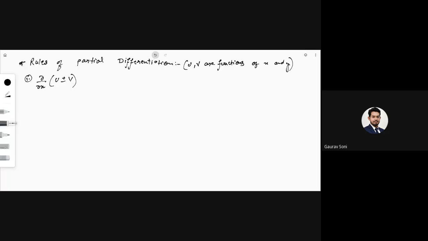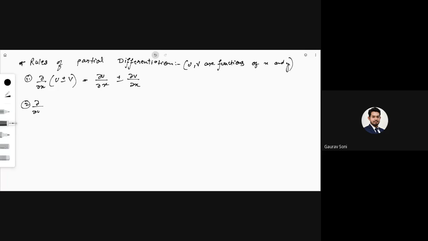So under these conditions, the partial derivative of u plus minus v will be equal to the partial derivative of u with respect to x plus minus the partial derivative of v with respect to x.